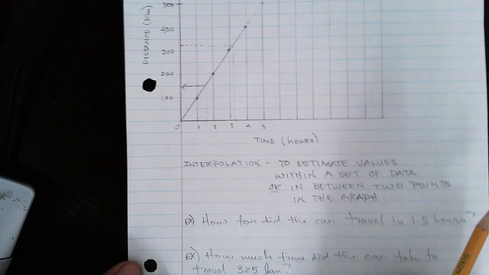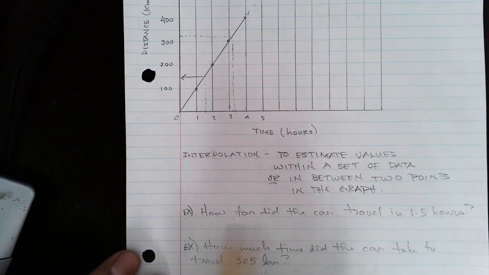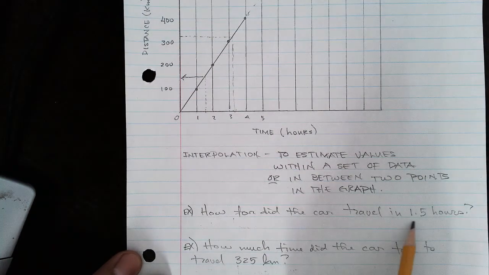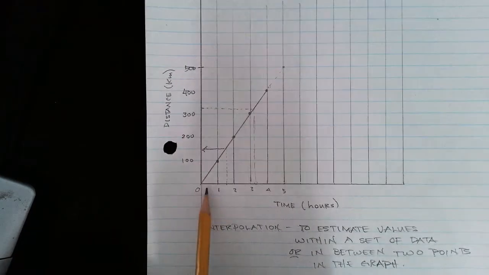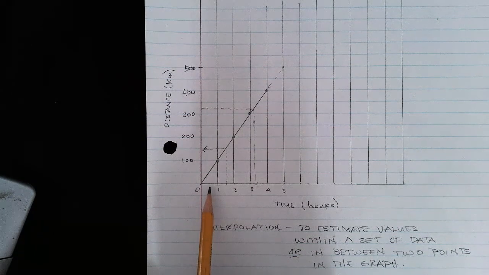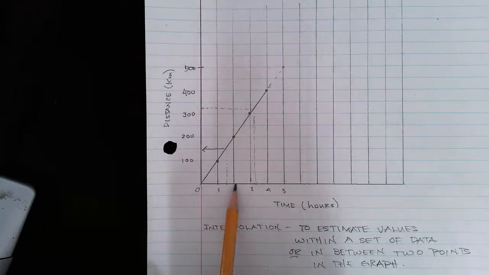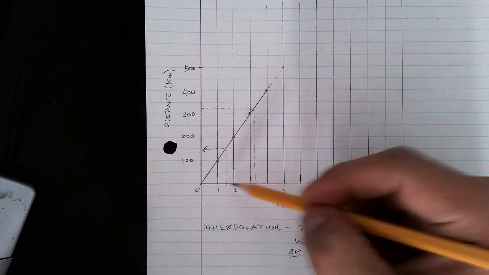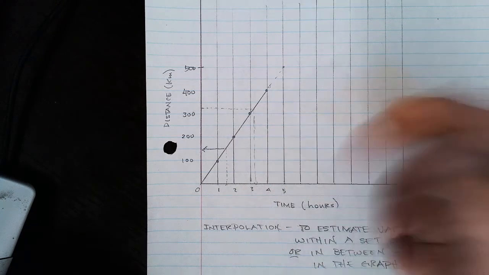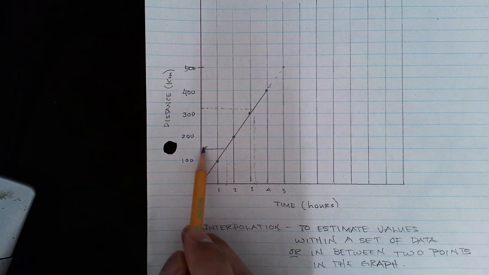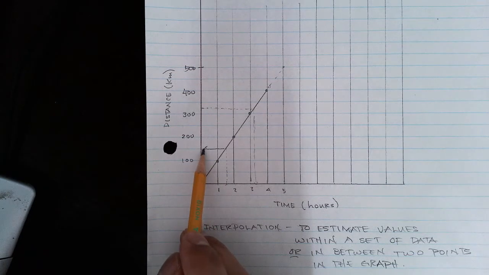Now I'm going to ask this question: how far did the car travel in 1.5 hours? Well, I kind of did this already earlier here. You look for 1.5 hours on the time axis. There's 1 hour, there's 2 hours, so in between 1 and 2 is 1.5 hours. Use that to move up into the graph until you hit the graph itself, and then you turn left and find out what the distance is that it traveled in that 1.5 hours.